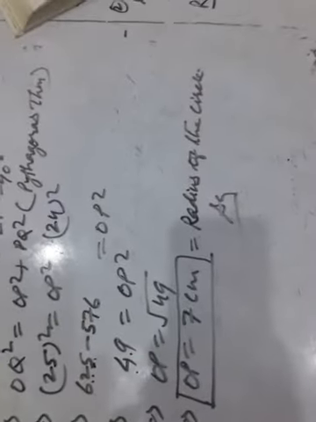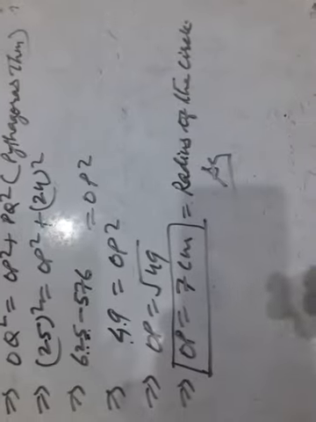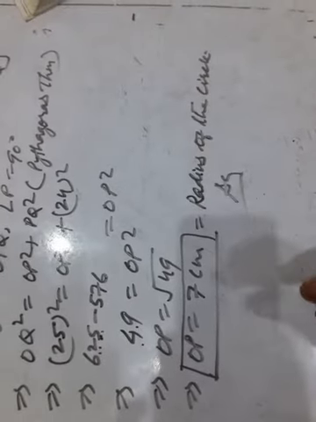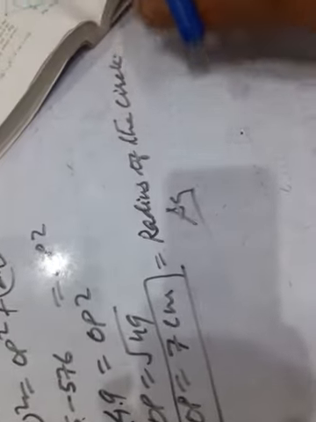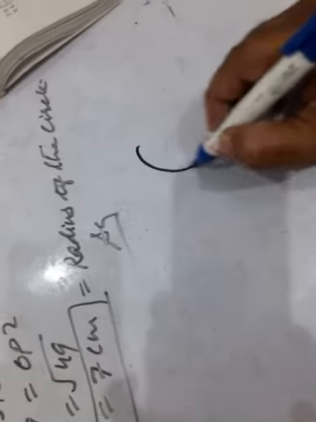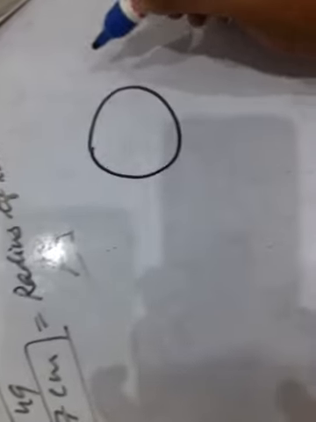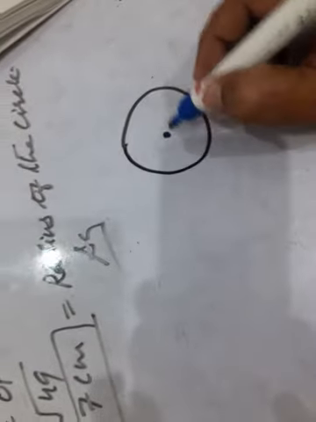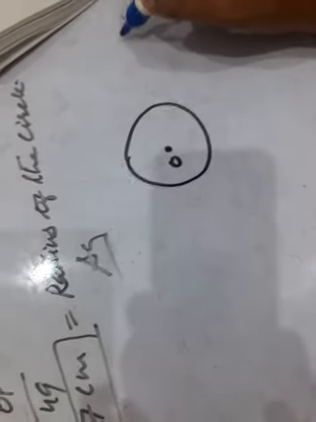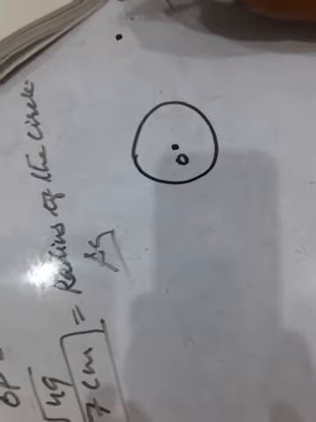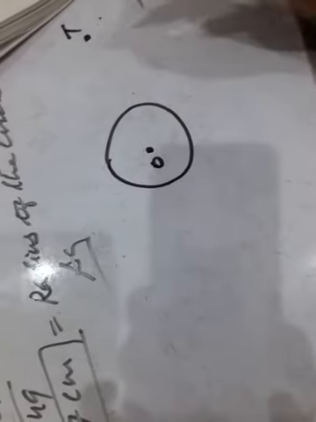What is question number 2, children? Let us see. Question number 2 states that in the figure, the figure is already given. The circle is there, and this is the center O. A point outside the circle, point T, is given in the question itself.